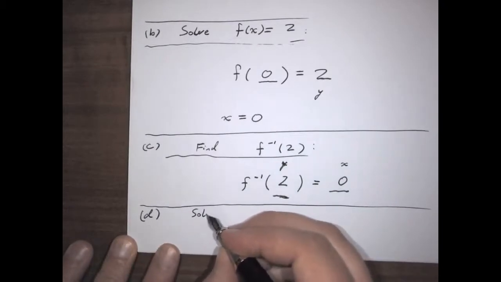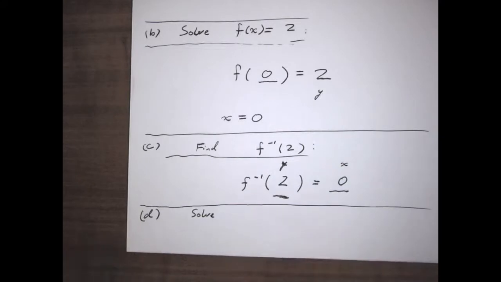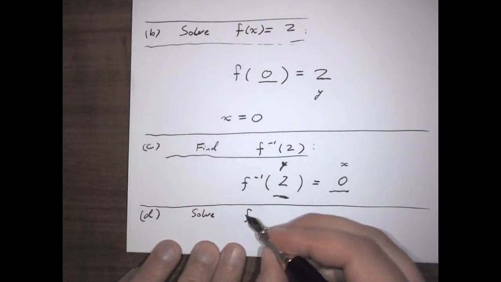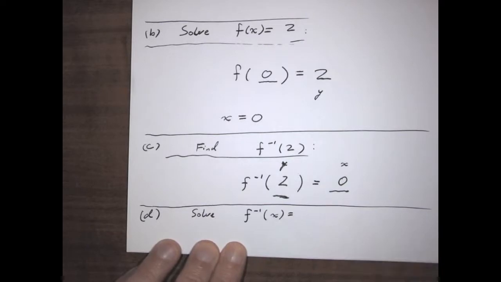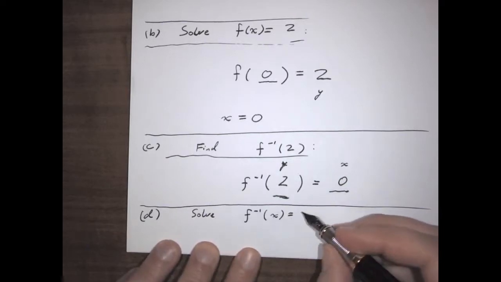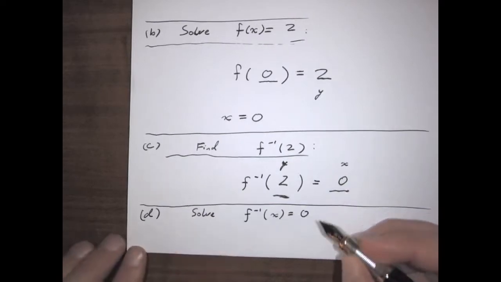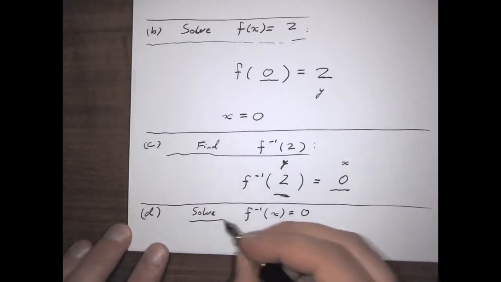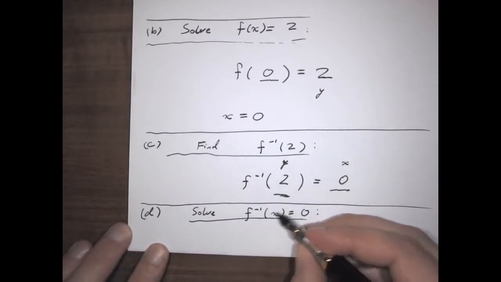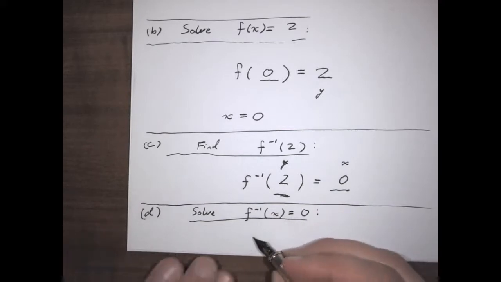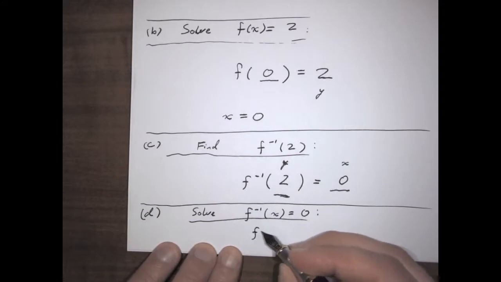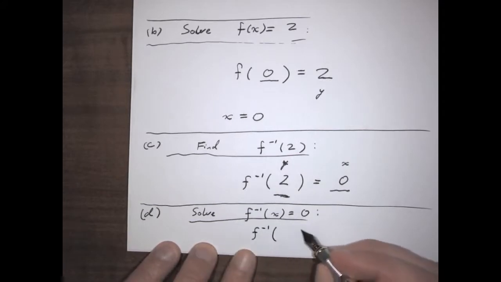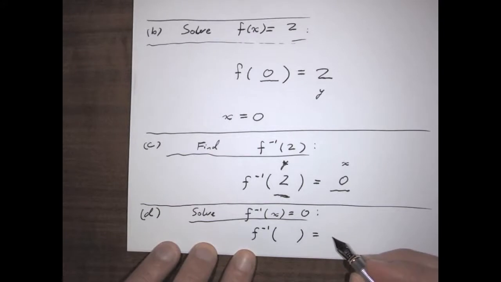And then suppose we were trying to do something like this. Solve f inverse of x is equal to, and then let's say 0. Now don't be fooled by the x that's in here. What we are actually talking about is finding what should go here to make this work.